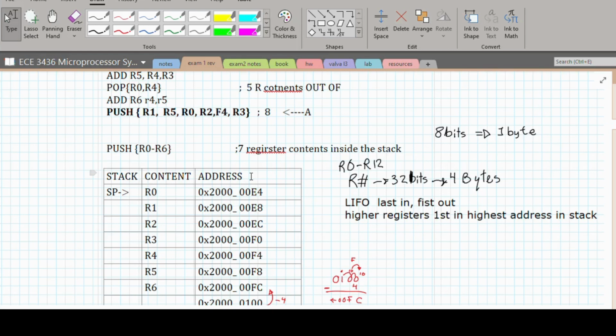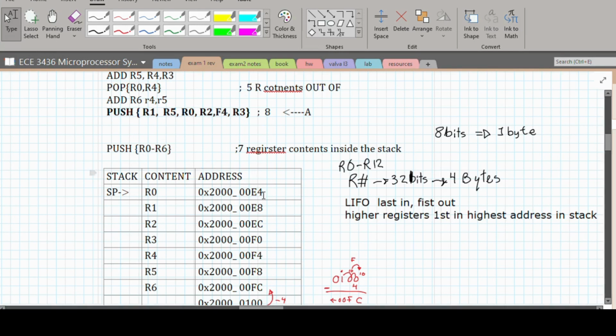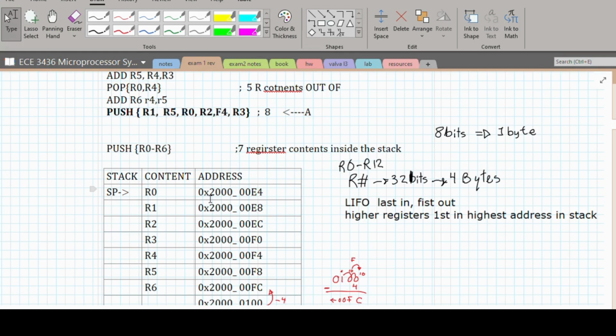You always need to have the same number of pushes and pops for your lab code. If not, it's not going to work at all, and your code will look like it's debugging, but it's actually not going to do anything. It's not going to go to any line, and you won't have any output.